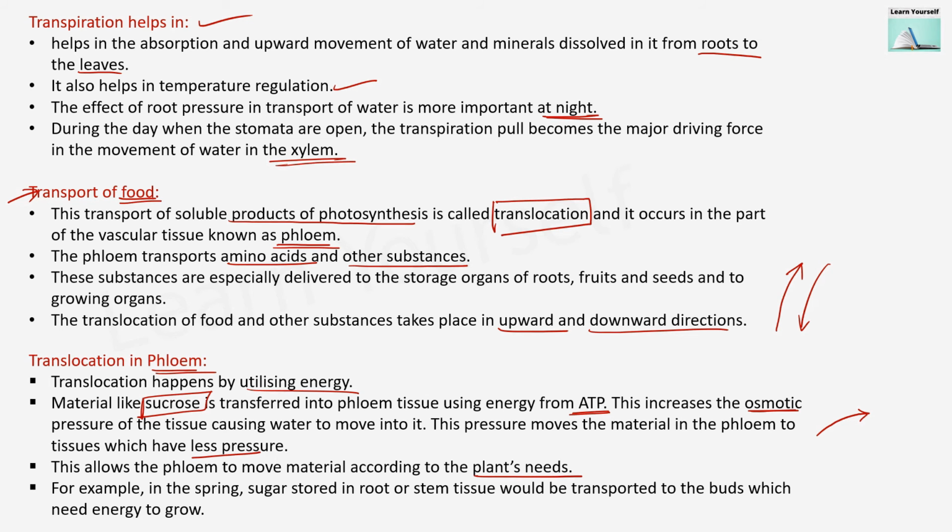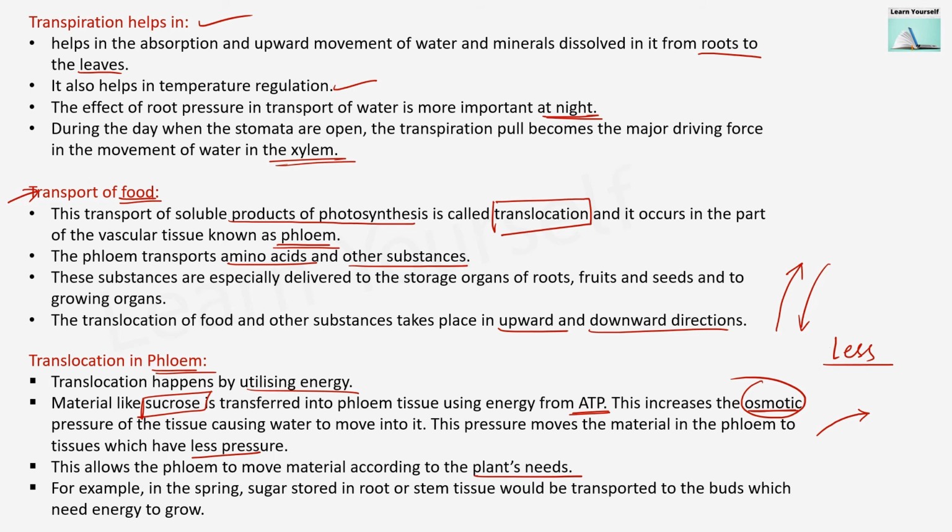And how will they identify the need? They will identify this need with the help of osmotic pressure. The osmotic pressure will be less if the sucrose level is less. That means that tissue is in high need of the food particle or the sucrose.